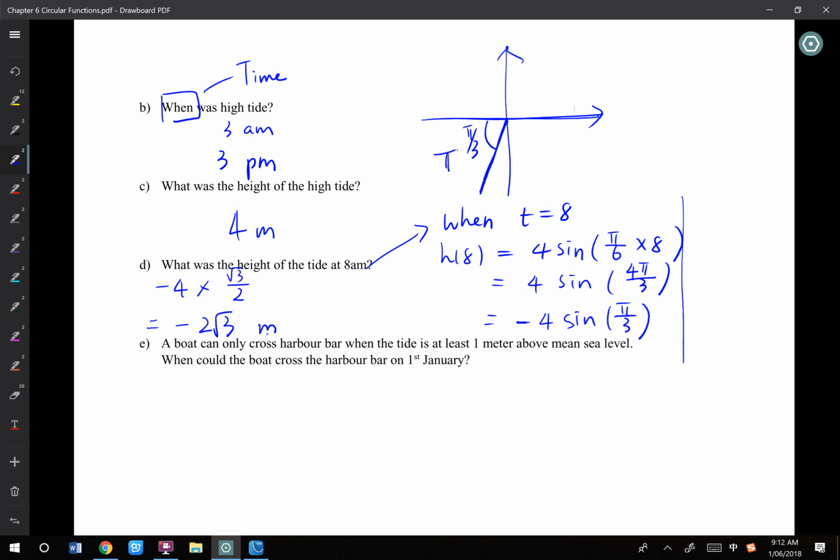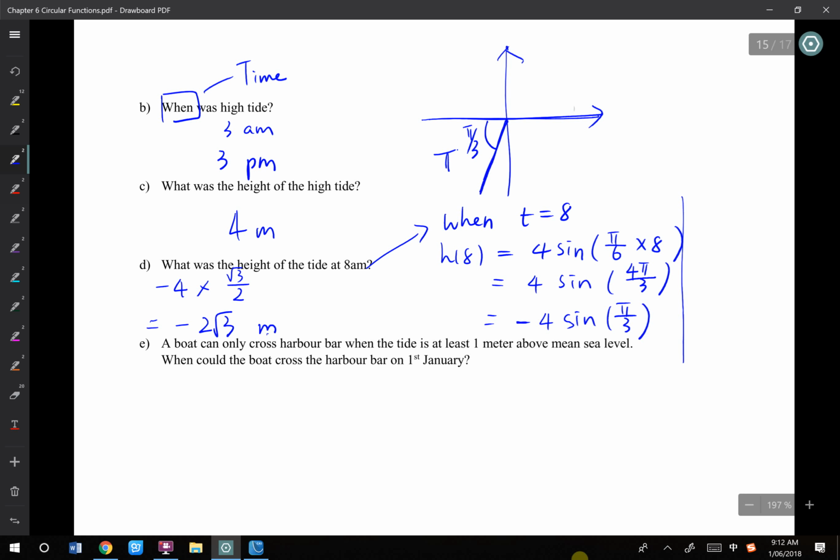Here's the evaluation. For E, a boat can only cross the harbor bar when the tide is at least 1 meter above mean sea level.